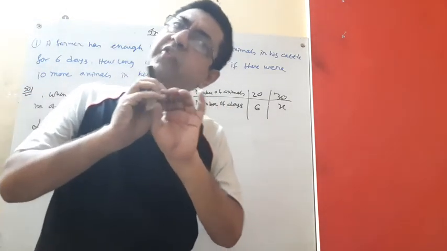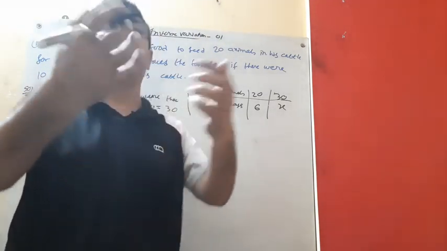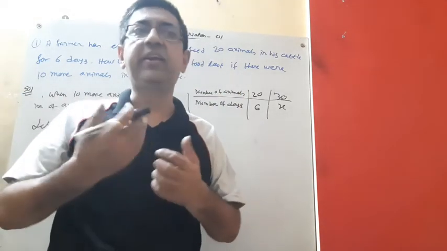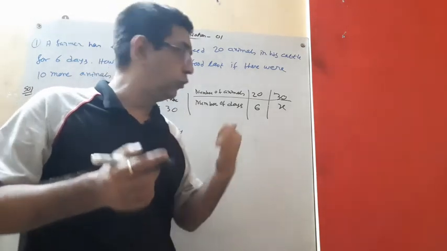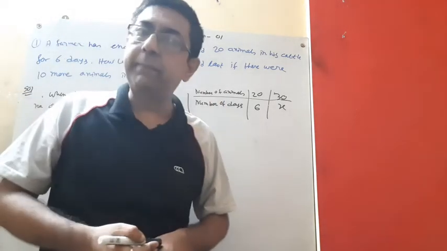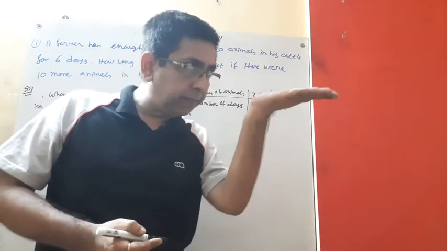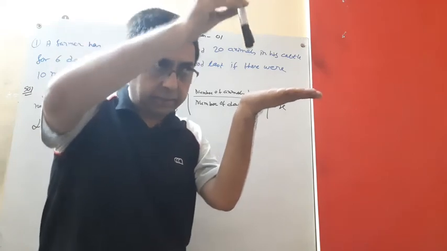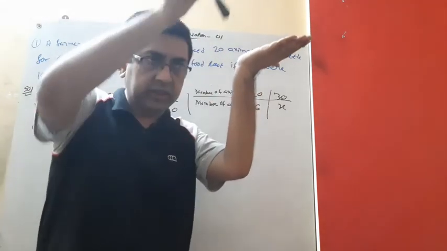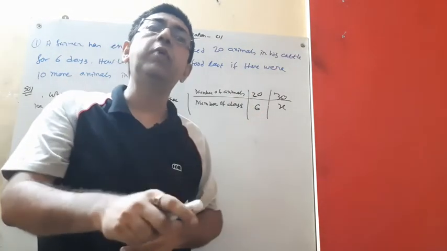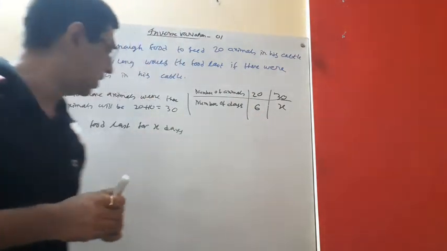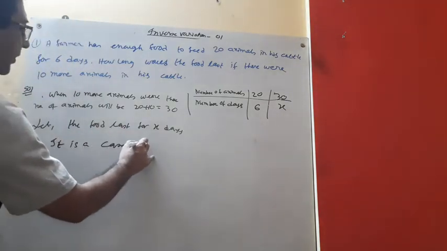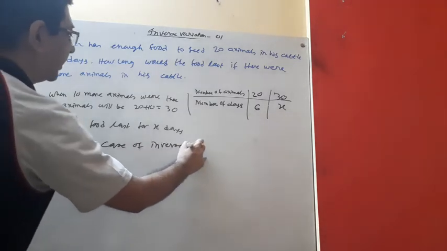If the food consumption increases, it will last for lesser number of days. That means number of animals increasing, food consumption increases, number of days decreasing. One increases causes the decrease of other. So it is a case of inverse variation.